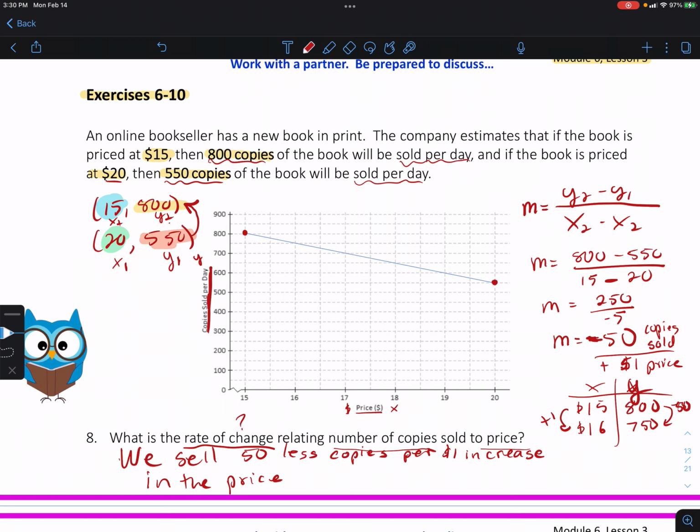That's what our rate of change is telling us here. Here's 16, which is obviously at 750. This point right here is 16 and 750. And this works for $17. If you notice, that's only 700 copies. So as our price increases by $1, the number of copies we sell decreases by 50 copies.